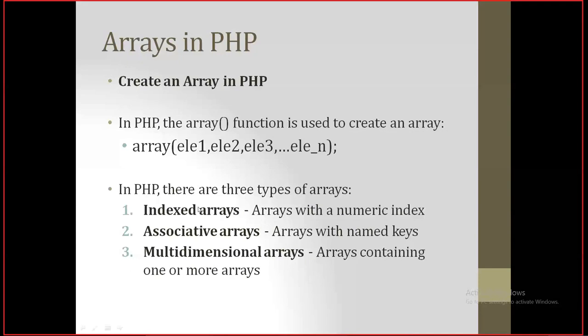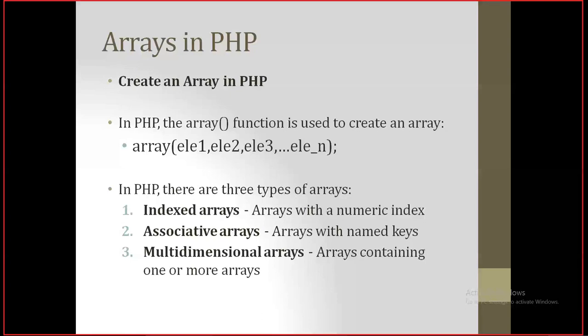Number one are normal indexed arrays, in which we will have numeric values as the index of any array element, right? Like 0, 1, 2, 3, what we generally have. Then associative arrays, in which we will have some named key as the index.